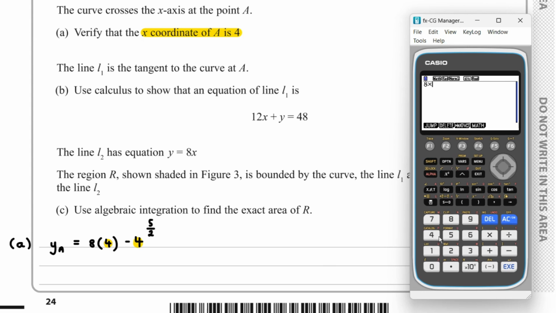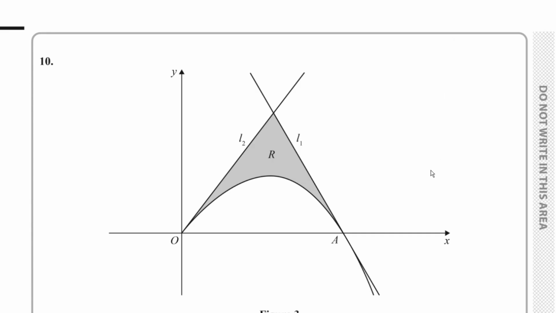We have 8 multiplied by 4, subtract 4 to the power of 5 over 2, which is 0. So because y A is equal to 0, we can therefore conclude the coordinates of A is 4, 0. Let's add this to figure 3. So here we have the coordinates of A, 4, 0.